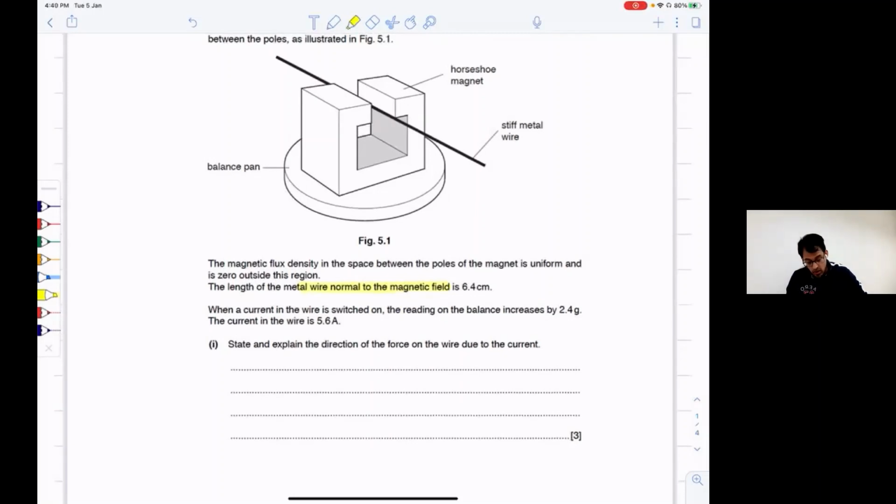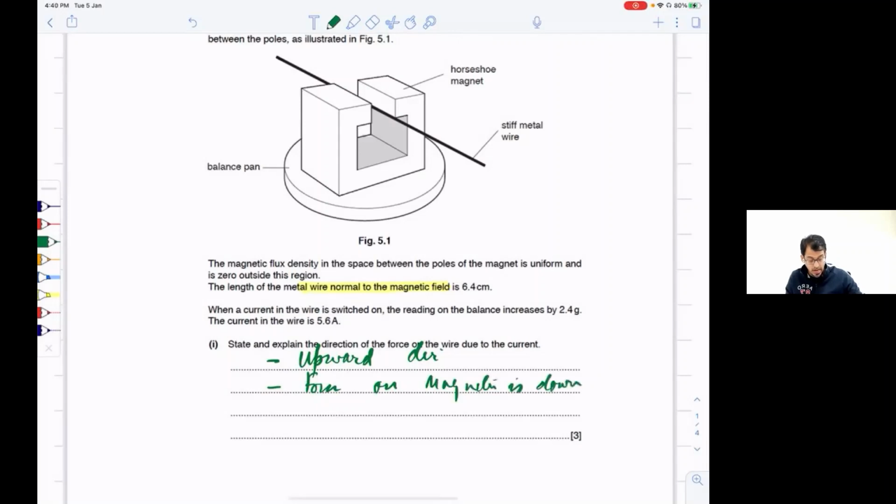So the force on the wire due to this current is in the upward direction. And why is it in the upward direction? Because the force on the magnet is in the downward direction. Force on magnet is downward. Then you should have made reference to Newton's third law of motion.